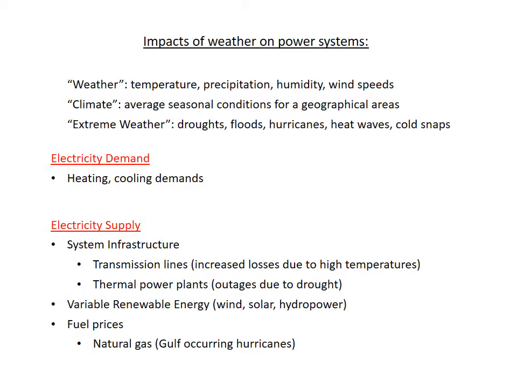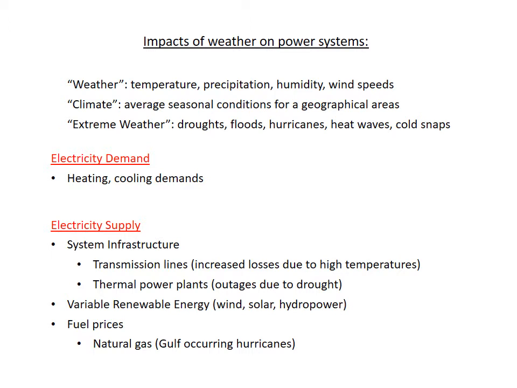So I mentioned before there are two main aspects to how weather and climate can impact electric power systems, and one is on the electricity demand side, so it directly impacts heating and cooling demands, and then the other side is the electricity supply side.